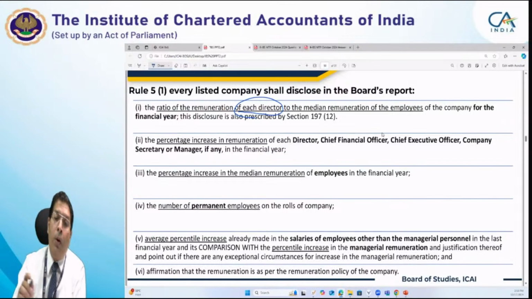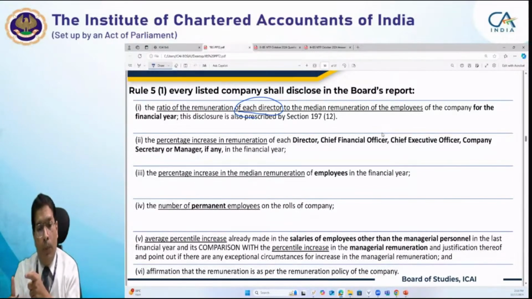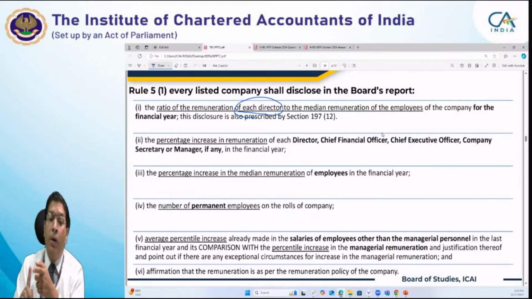Third, the percentage increase in the median remuneration of employees in the financial year.